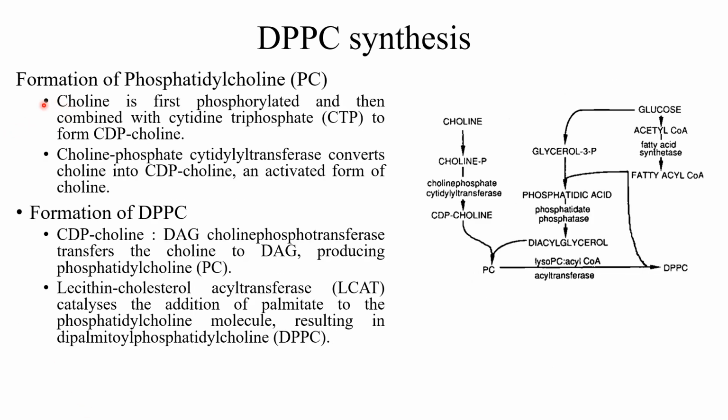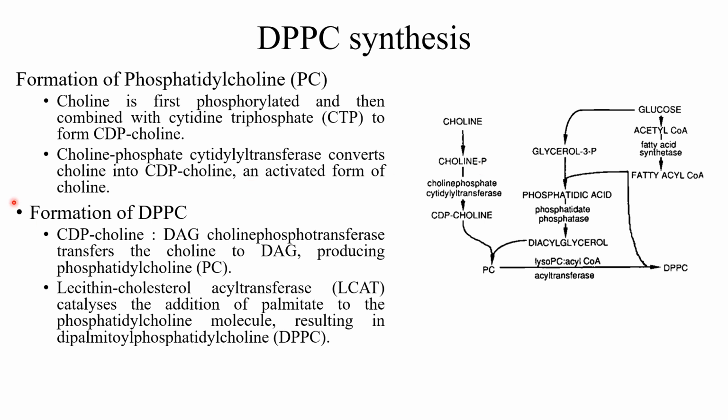So now, the next thing that needs to form is the choline. Choline is first phosphorylated. Remember, choline can come from diet or from recycled surfactant. From whichever source choline comes, at first it is phosphorylated to give us choline phosphate.